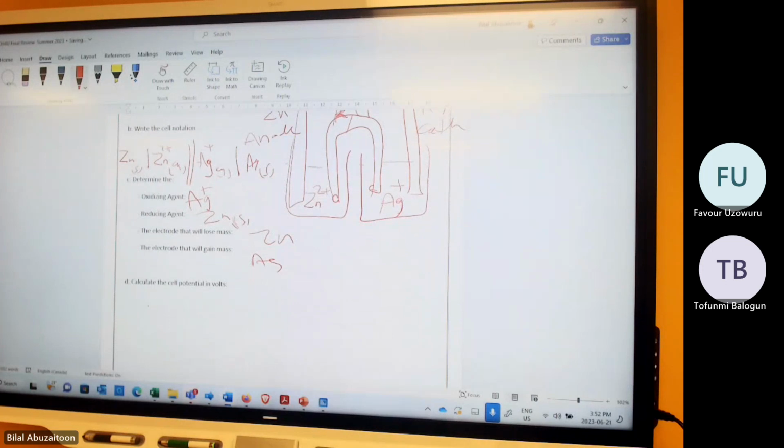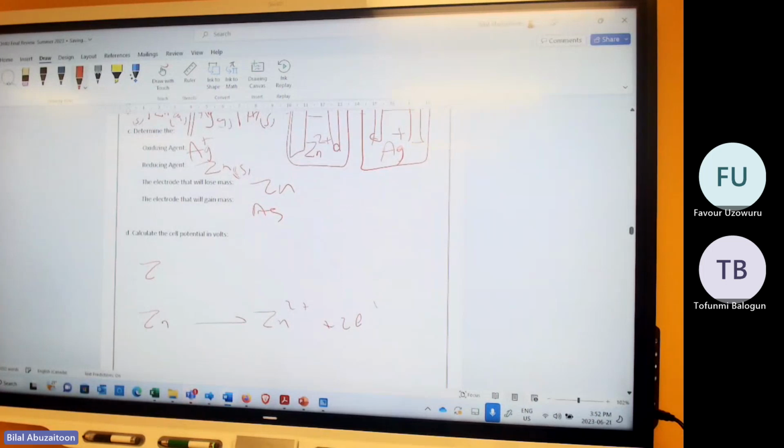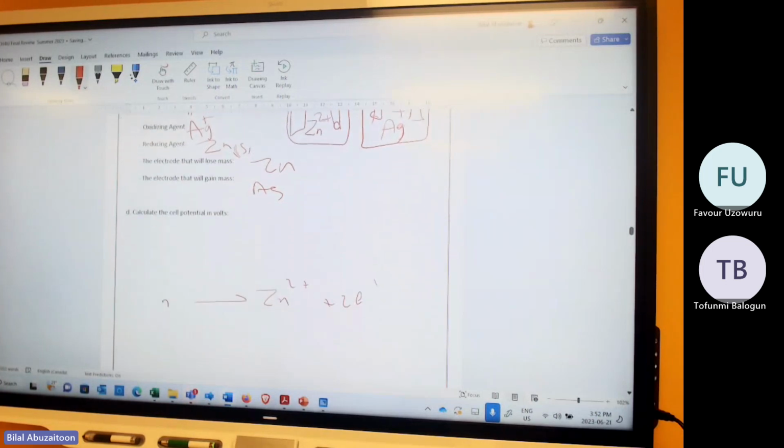Now, what is the half oxidation reaction? Zn produces Zn2+ plus 2 electrons. What about the Ag+ plus one electron?